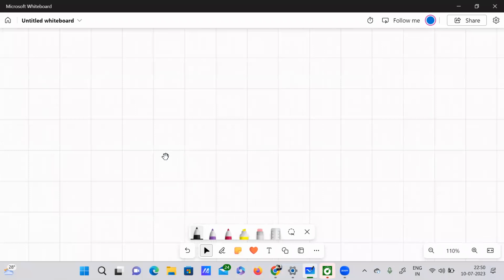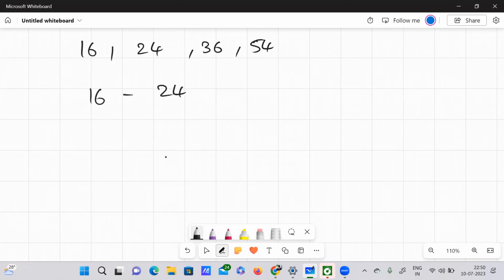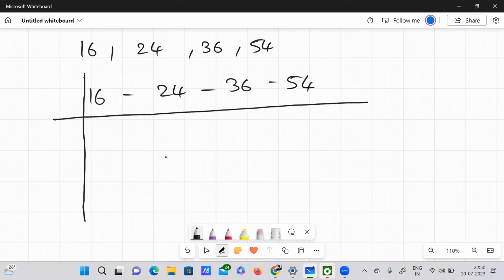Okay. Now I'll also tell you the last way wherein you can calculate LCM easily. I want to find out the LCM for 16, 24, 36, and 54. So how to do that? For example, there is a way: 16, 24, 36, and 54. Okay. Likewise, you need not calculate it separately first.